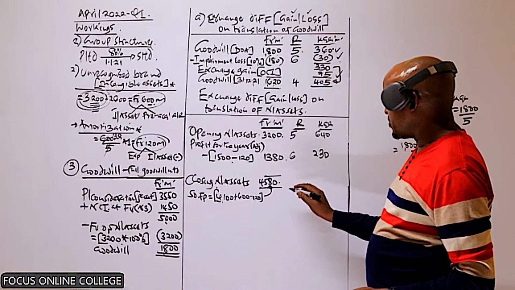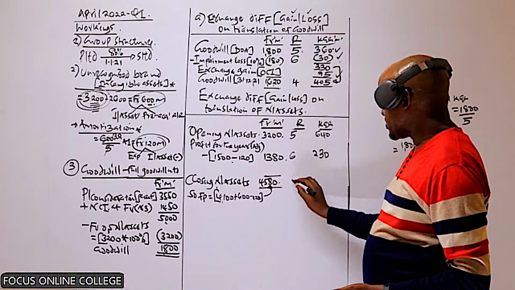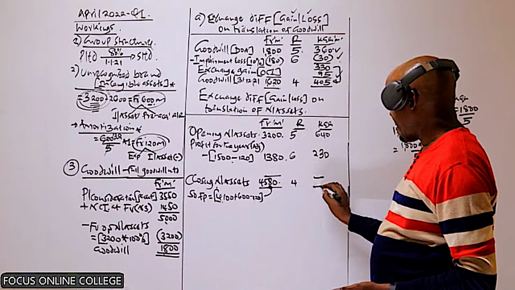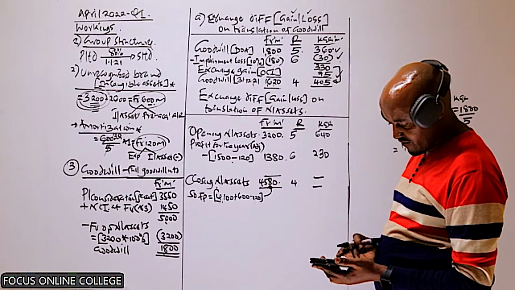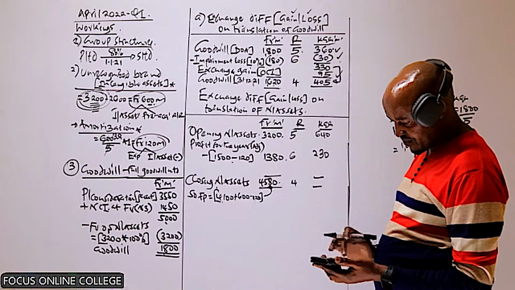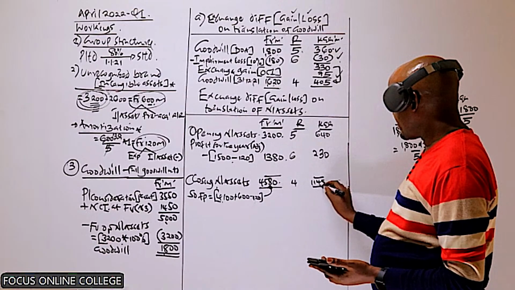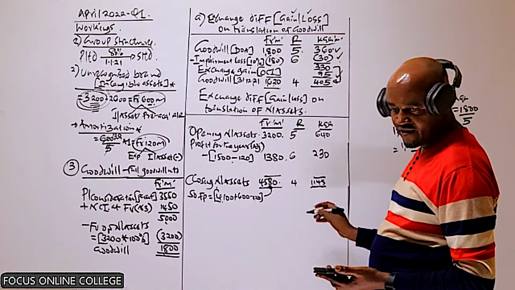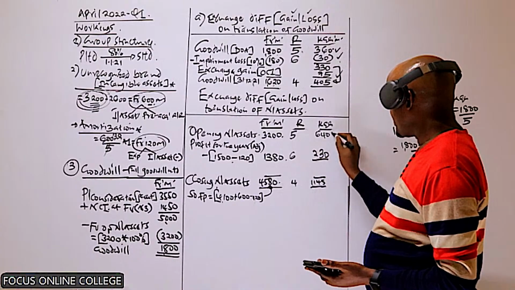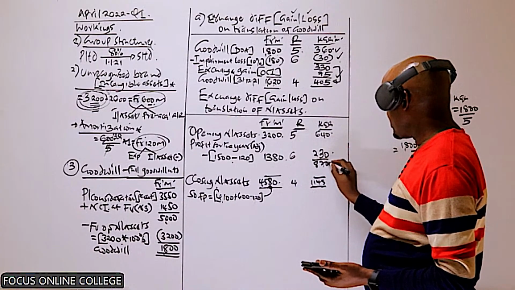Now we translate this into presentation currency using the closing exchange rate. 4580 divided by 4 gives us 1145. Then we add these two values, which will give us 870.